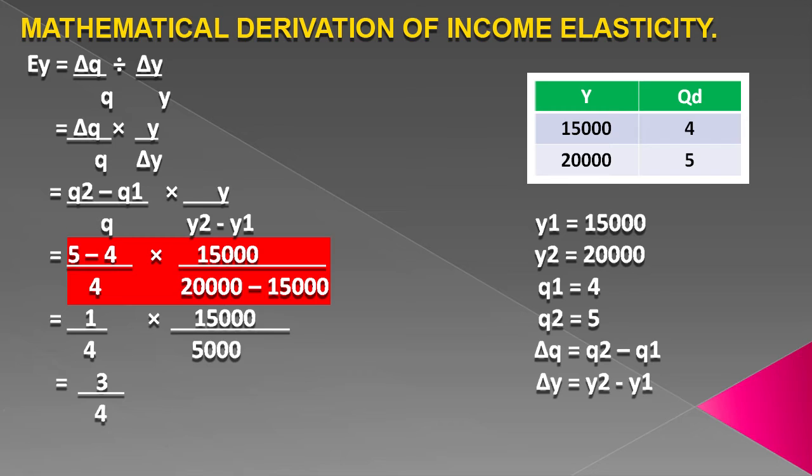After solving this, we get 1 divided by 4 into 15,000 divided by 5,000. Further solving the equation, we get the value that is equivalent to 3 by 4. So, according to the given table, the income elasticity is equivalent to 3 by 4.